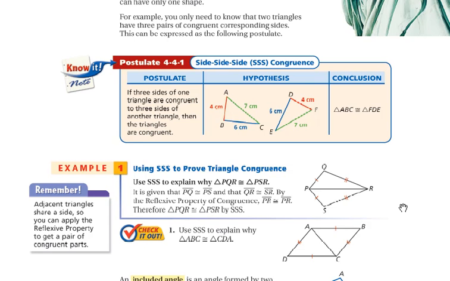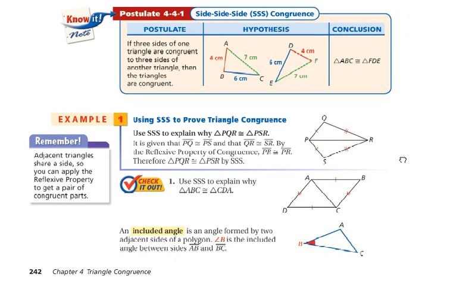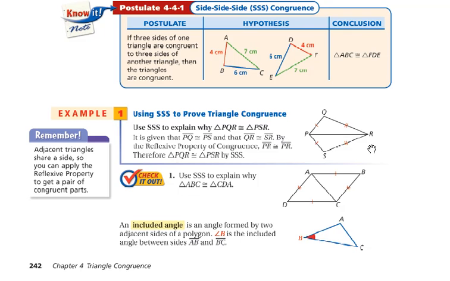There are a couple of examples here, and real quick, this one talks about using that postulate to prove two triangles are congruent. We have some given information that these two sides are congruent, and these sides are also congruent, and there's a reflexive property of congruence that we talked about earlier.